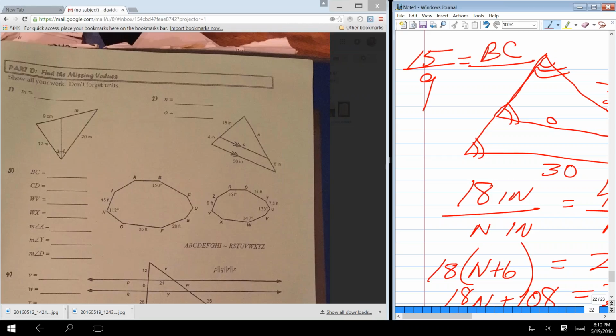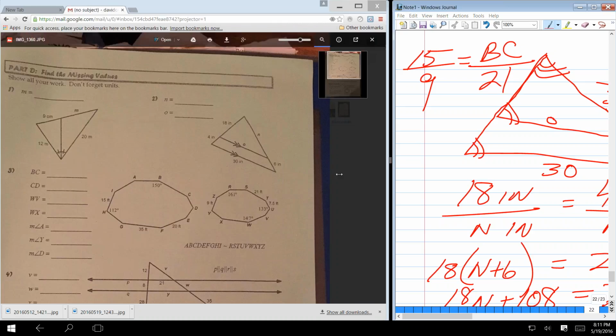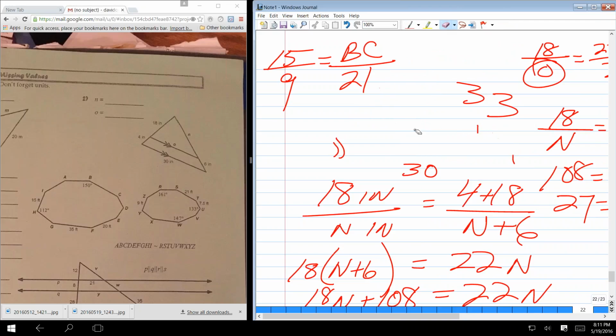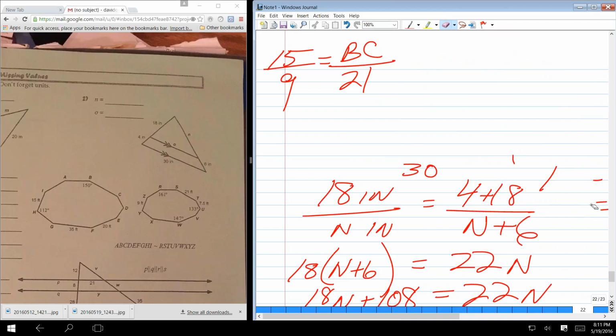So it'd be 15 over 9 is equal to BC over, where's BC? 21? Correct. Cool. Now, let's just look at that for a moment. This is another case where we have the variable in the numerator. What's the first step in solving that right there?